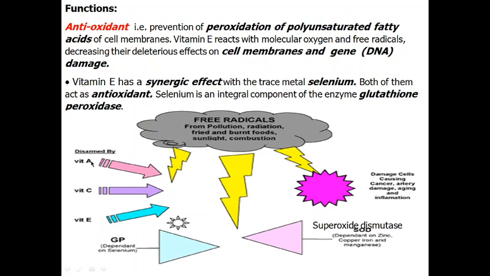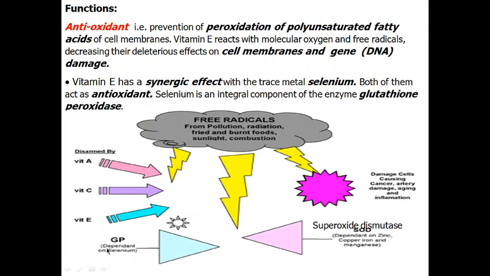The beta carotenes are one of these. Provitamin A is an antioxidant. Vitamin C and vitamin E, these vitamins act as antioxidants. Glutathione peroxidase is an enzyme that protects against such free radicals.